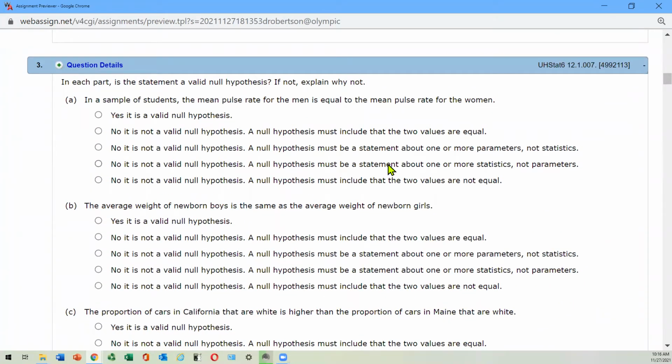Now, in each part, is the statement a valid null hypothesis? In a sample of students, the mean pulse rate for the men is equal to the mean pulse rate of the female.